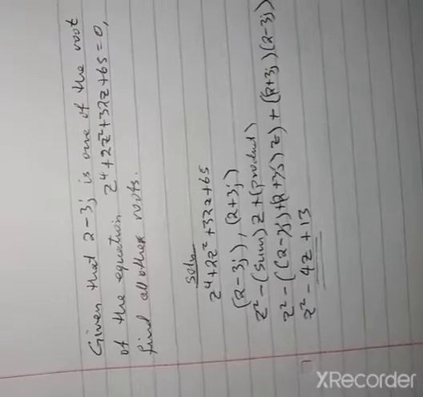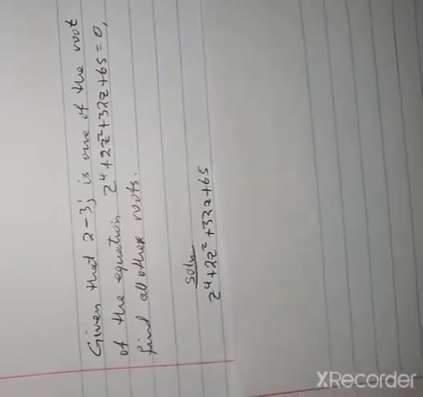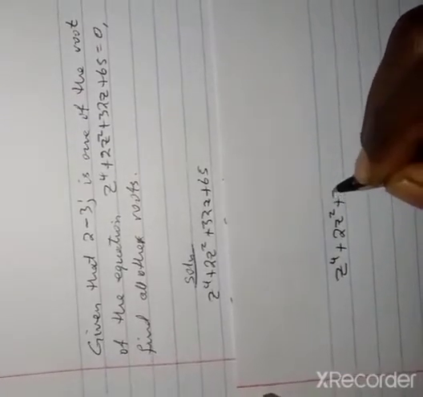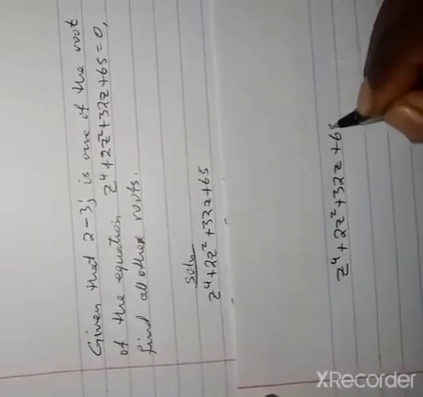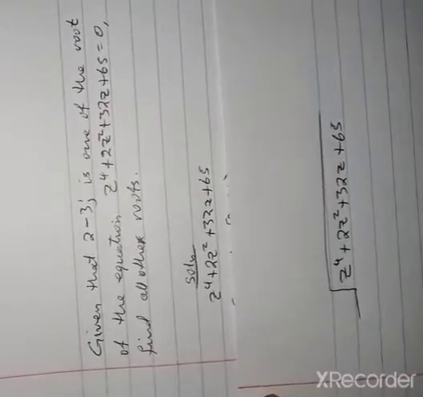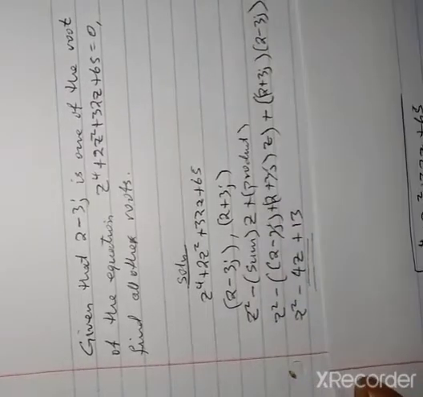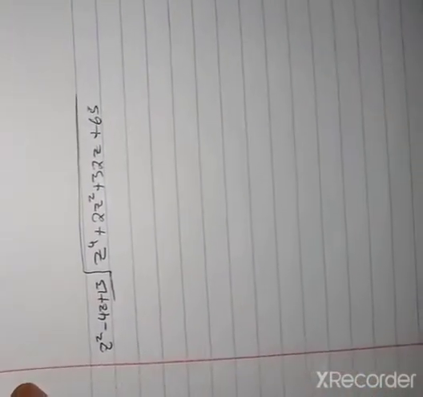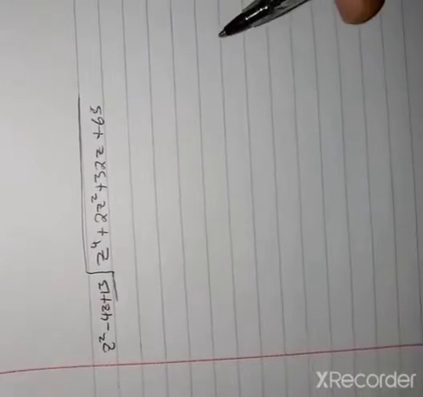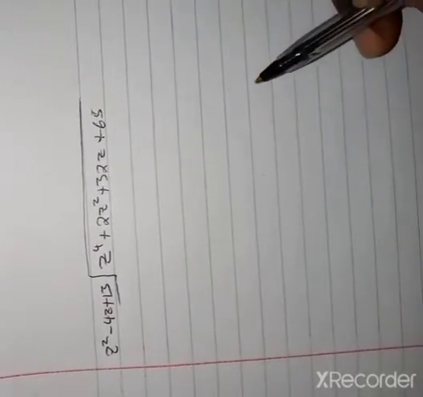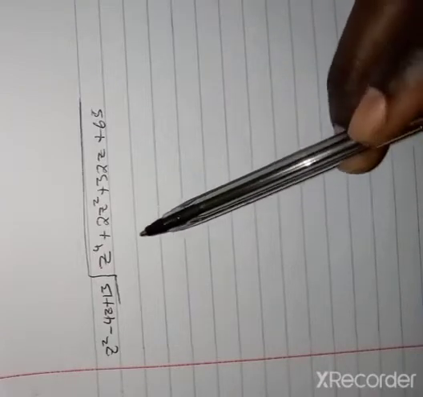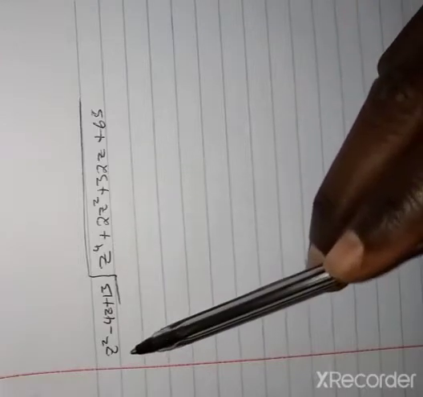So in this particular case, we shall have our equation, that is z to the power 4 plus 2z squared plus 32z plus 65, and we divide by the quadratic expression that we obtained, that is z squared minus 4z plus 13. Now, usually when you are doing polynomial division, we normally take the first term in the dividend and the first term in the divisor.